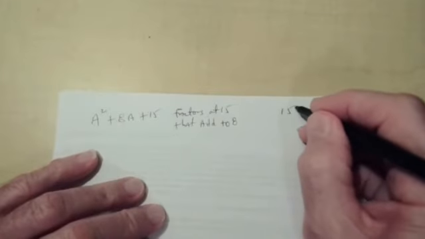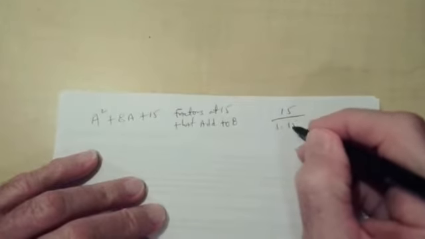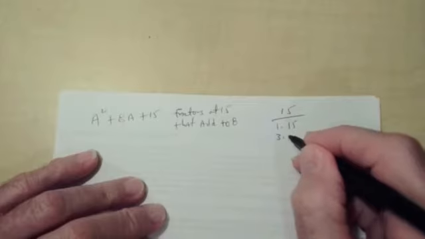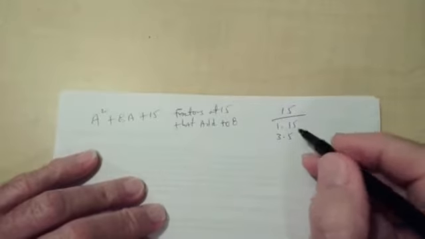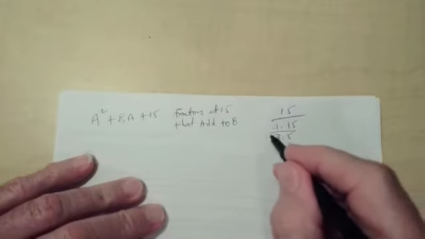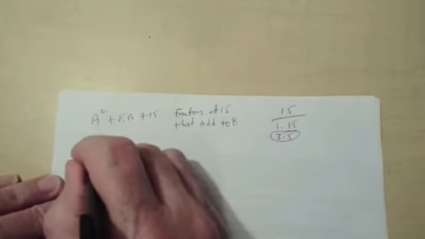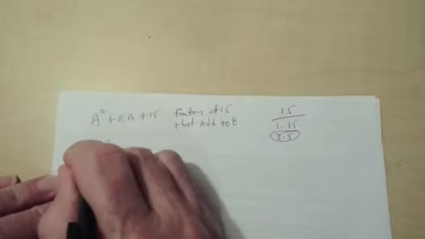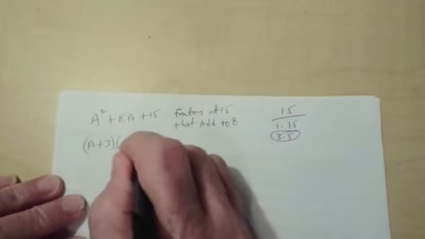Okay? What are the factors of 15? 1 times 15, 3 times 5, and I think that's all. So which two of these add together to give us 8? 3 and 5. So we have (a plus 3) times (a plus 5).